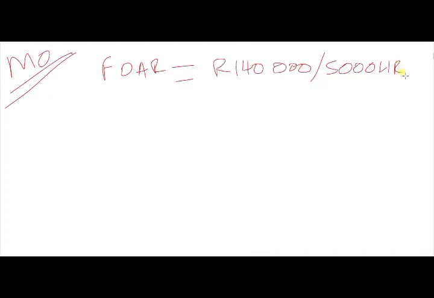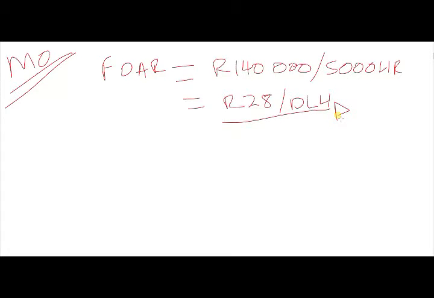Remember, from the question, they told us that they use direct labor hours to absorb the production overhead. So that's why we are using the 5,000 to calculate the fixed overhead absorption rate. So this would give us 28 per direct labor hour. This is our absorption rate.